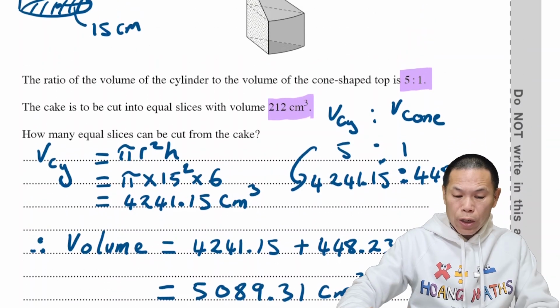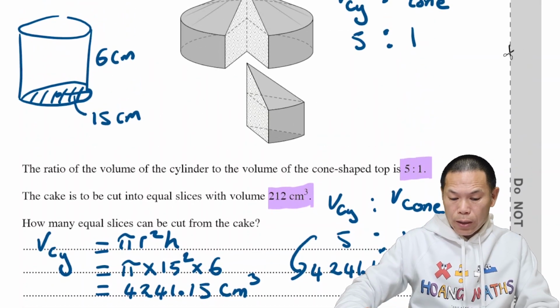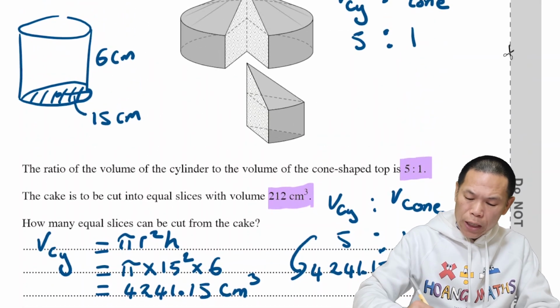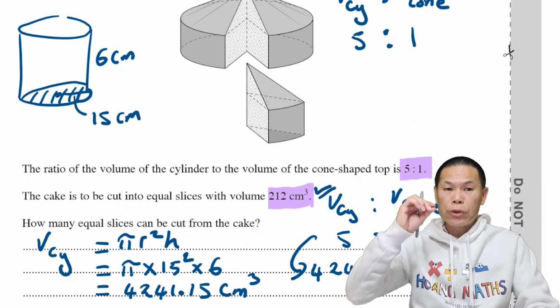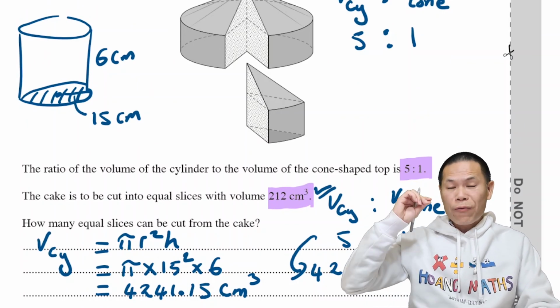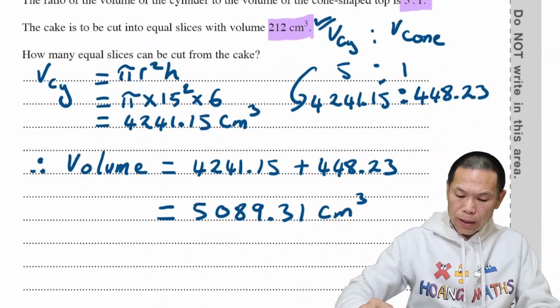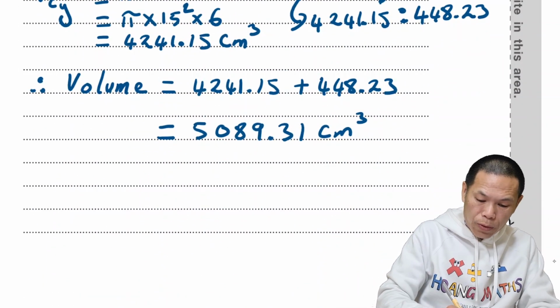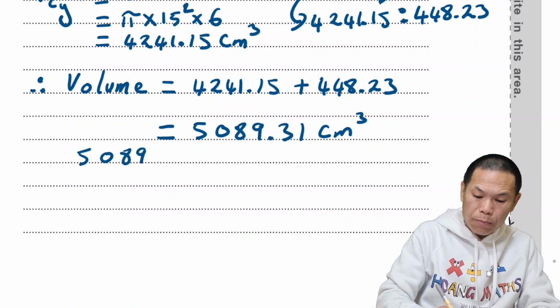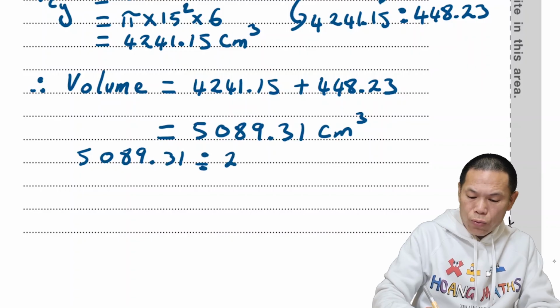And we need to cut into equal slices. So each slice will give us the volume of 212. So we just divide by this, and this will give us the number of slices. So we just go 5089.31 divided by 212.